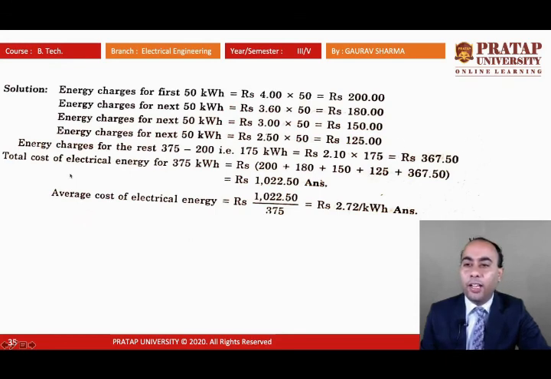So the total electrical energy cost for 375 kilowatt hour is the sum of these amounts. Now the average cost of electrical energy is 1022.50 divided by 375 kilowatt hour, so we get 2.72 per kilowatt hour. This is the average cost of electrical energy which the consumer pays.